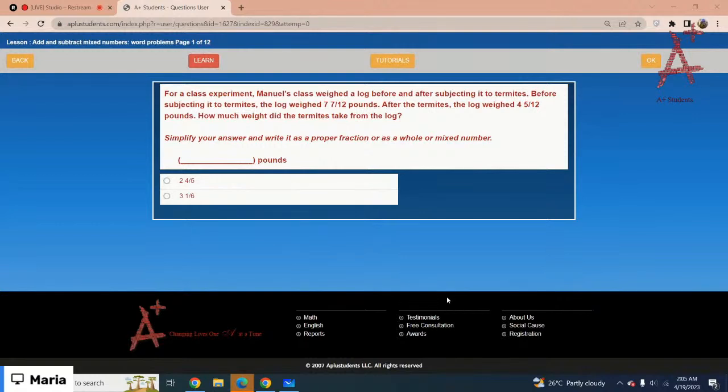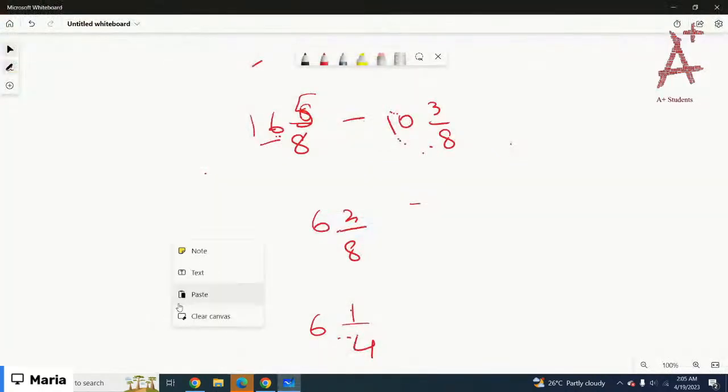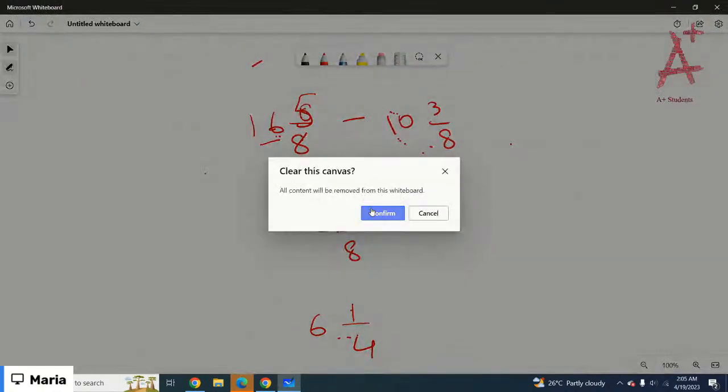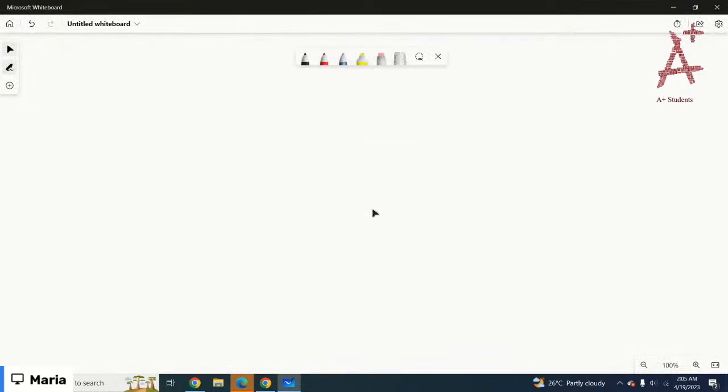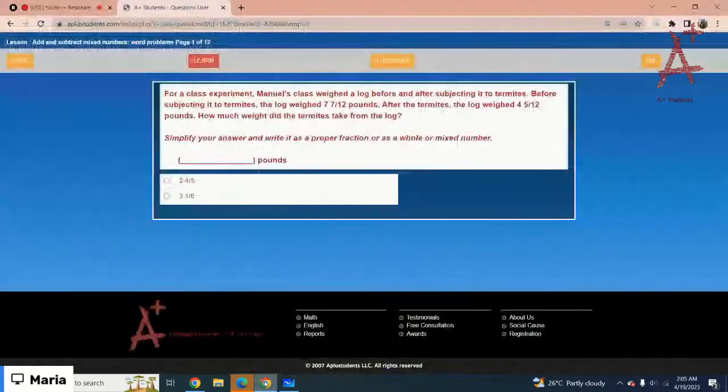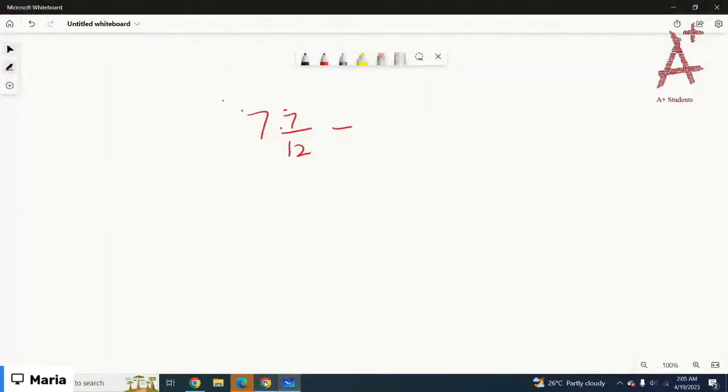So 7 whole 7 over 12 minus 4 whole 5 over 12. Okay, so both the fractions have the same denominators. So you can subtract their whole numbers. So 7 take away 4 is 3.